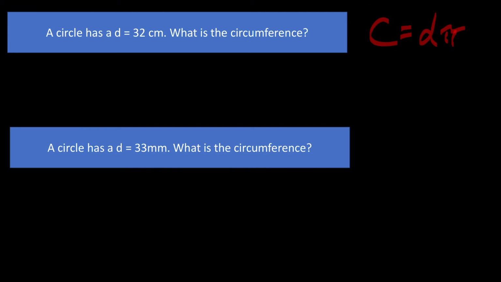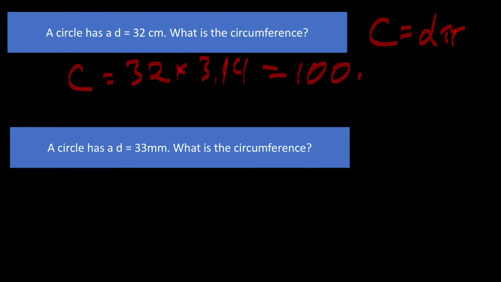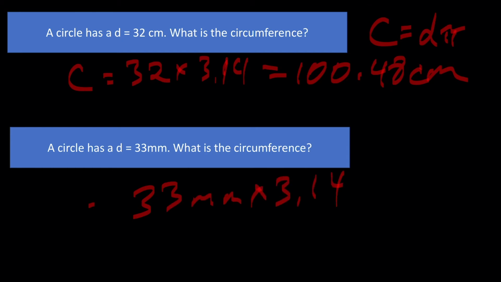So make sure you pause and do these on a separate piece of paper. 32 times 3.14 is going to be equal to 100.48 centimeters, and this one is going to be 33 millimeters times 3.14, and that's equal to 103.62 millimeters.